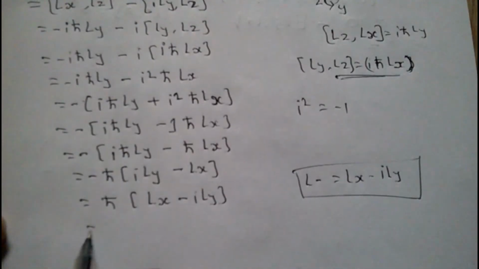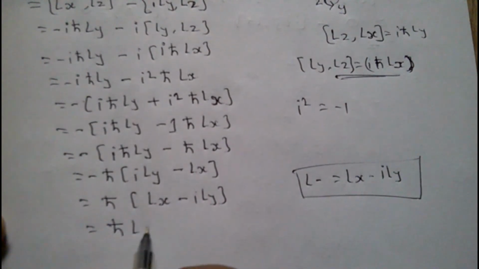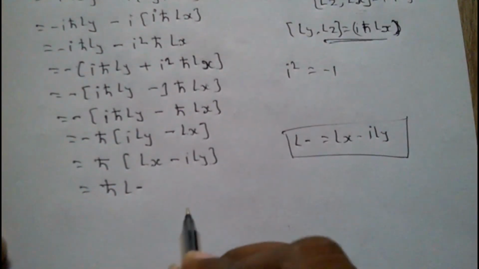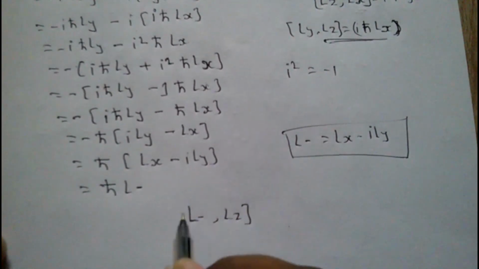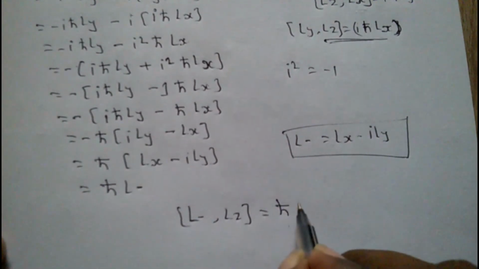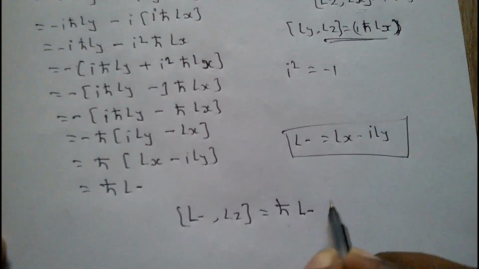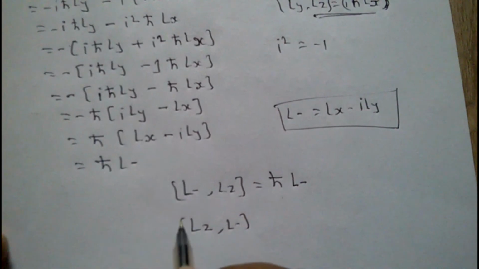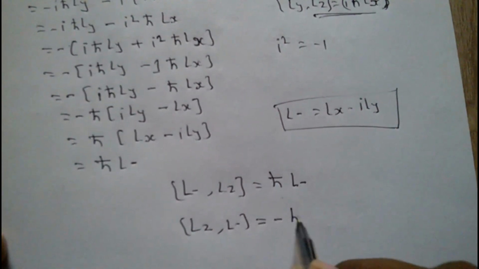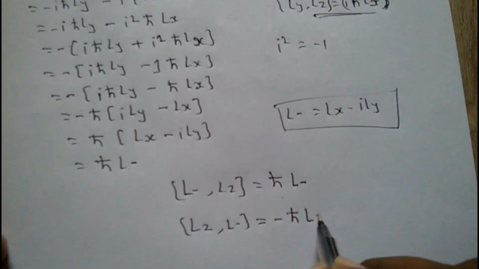So its value will be h cross L minus. So we know the L minus Lz value is h cross L minus, and if we change the position, Lz L minus is minus h cross L minus.